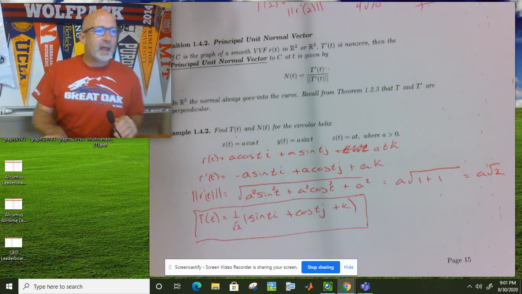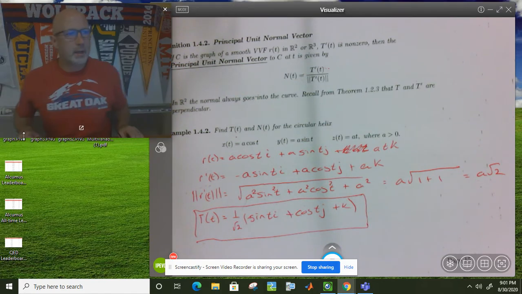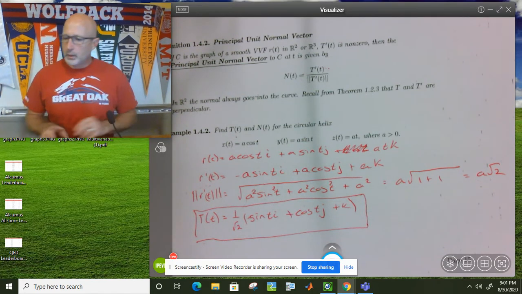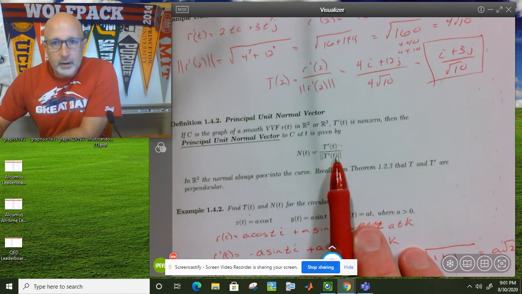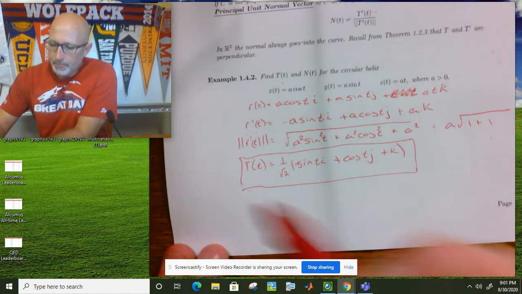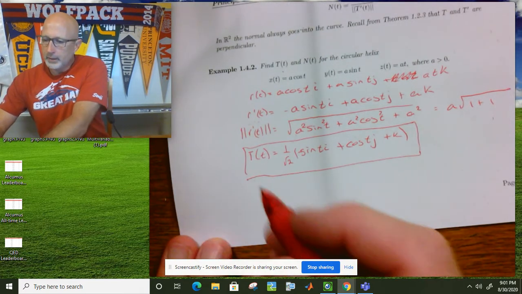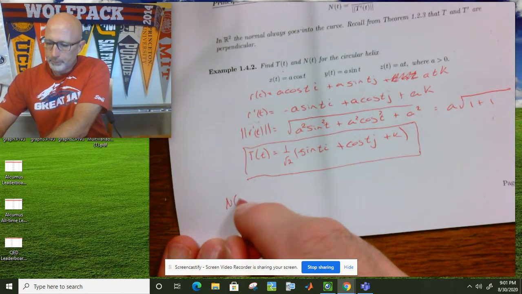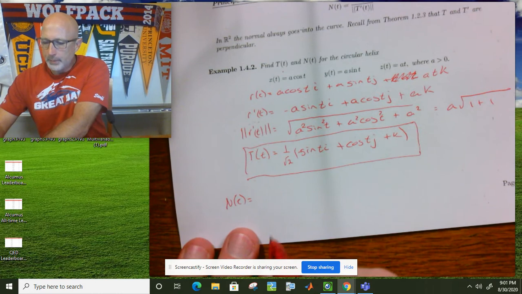Okay, so what about N of t? So now we're going to go ahead and use this formula here to calculate it. I just need to take the derivative of the thing that I just found. So I have N of t is equal to T prime of t, so this thing.